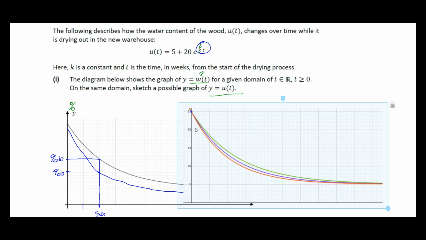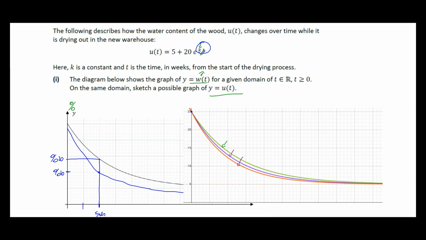So here I've done, using software, different graphs. So the green one is the original one, and then I change the exponent. So as you can see, as we change this value, if that becomes bigger, the graph will go down.